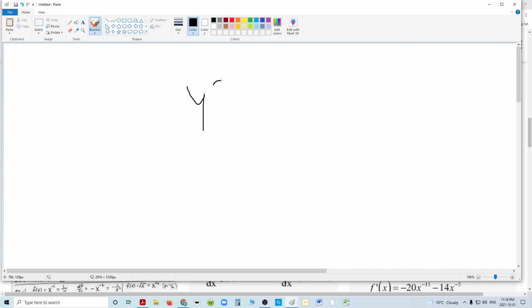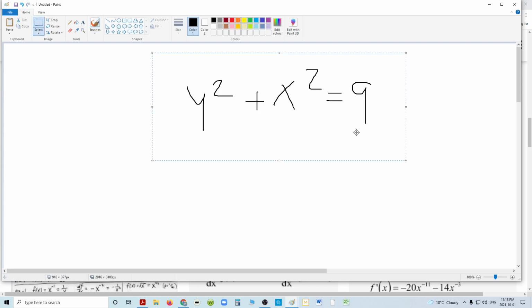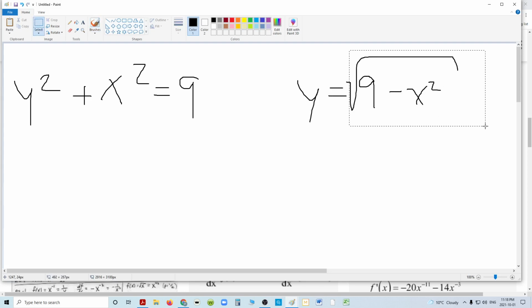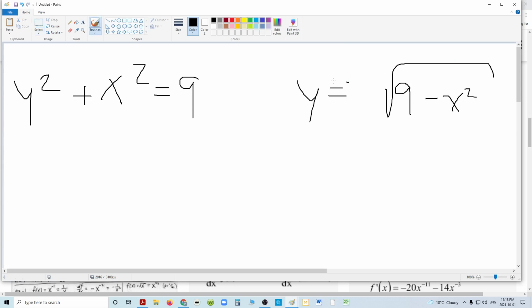When I have something like this, normally, this is a circle, and I can rearrange this for y. I get the square root of 9 minus x squared, and when I take the square root, I end up with plus or minus.